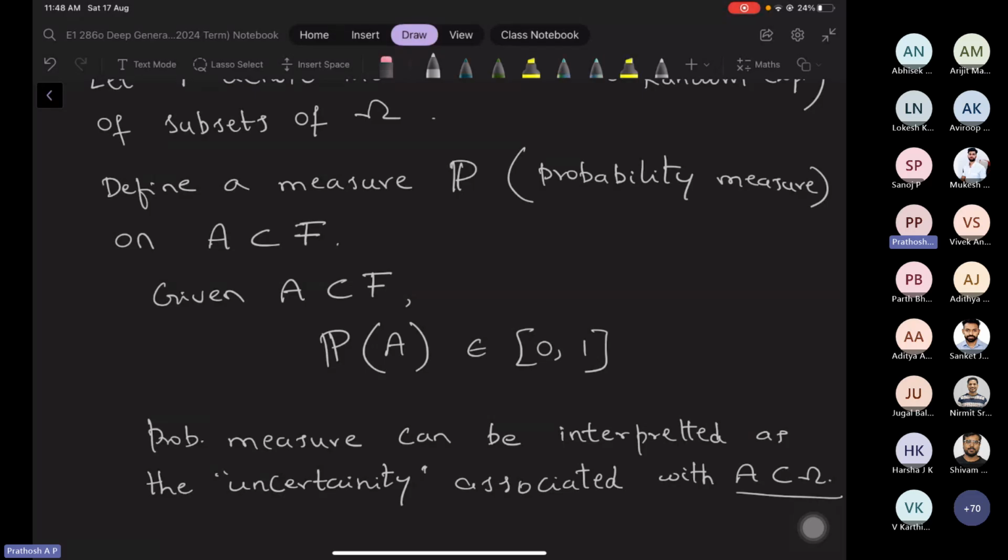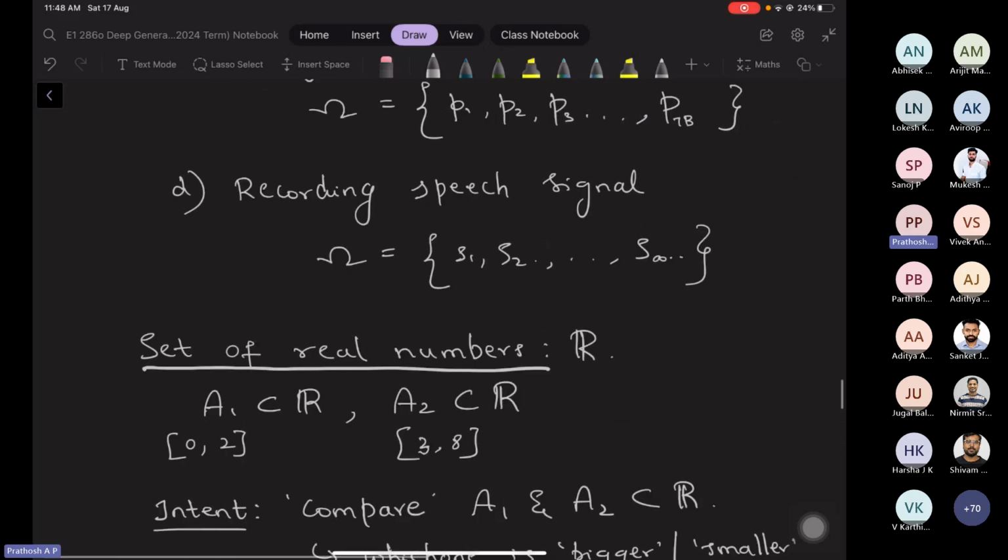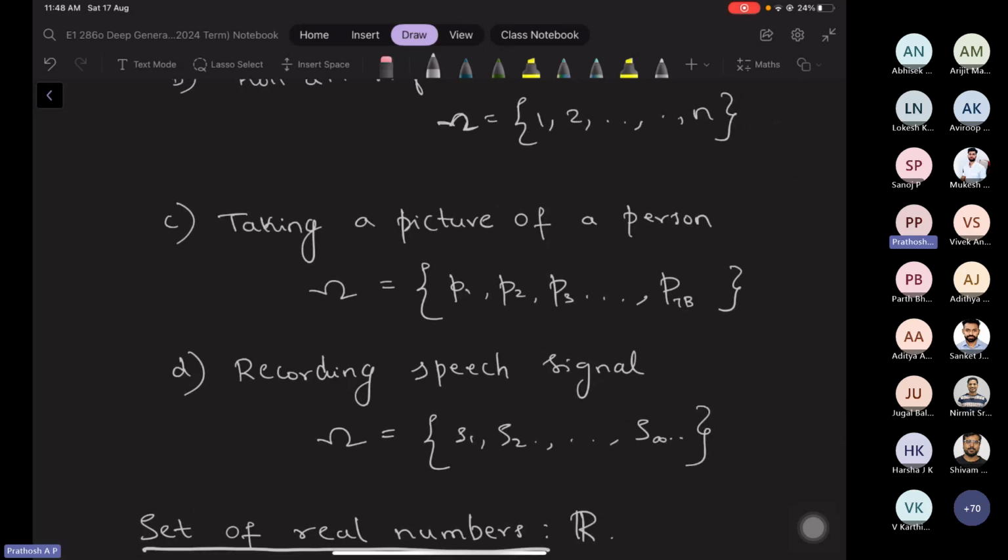Do you understand? Now, if you go to the example of the speech and the images that we have as the elements of the sample space, you can imagine that for any subset of the sample space there is an inherent measure associated with it that would quantify the uncertainty associated with this particular subset.